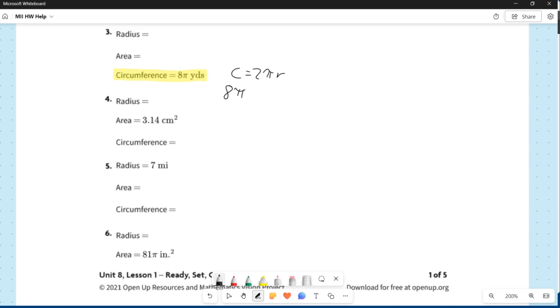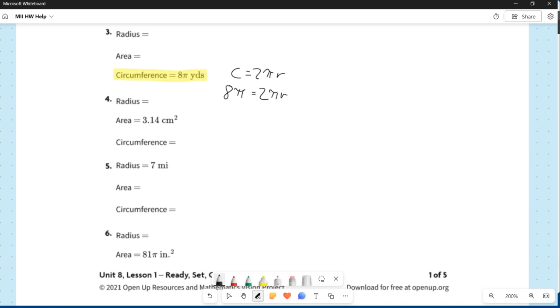That's just our unit. But for right now, our circumference is 8 pi equals the 2 drops down, the pi drops down, and the r drops down. The entire right-hand side just drops down. So what we have is 8 pi equals 2 pi r.